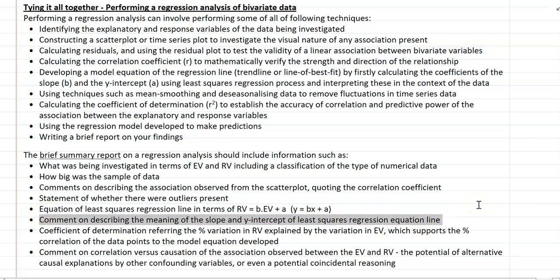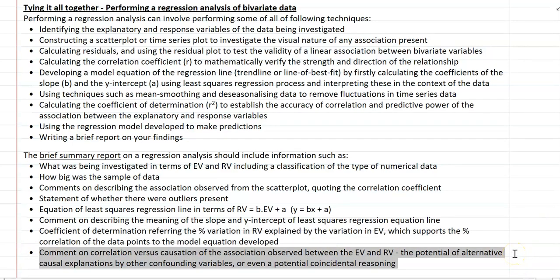Always give some sort of description of the meaning of your slope and y-intercept in the context of your data. Use your coefficient of determination, talking about the percentage variation in your response variable being explained by the variation in your explanatory variable, which also then supports that percentage correlation of the data points fitting your model equation developed.